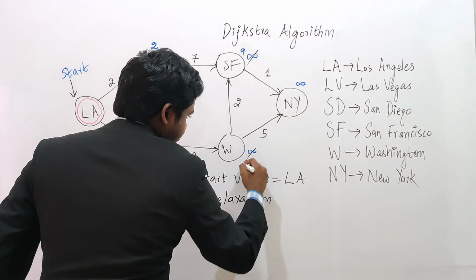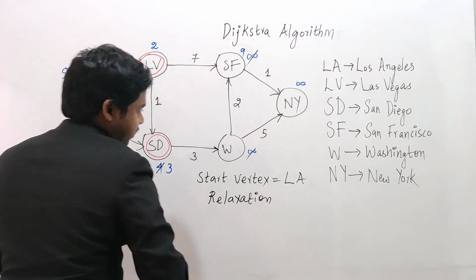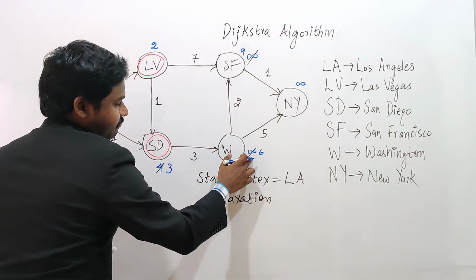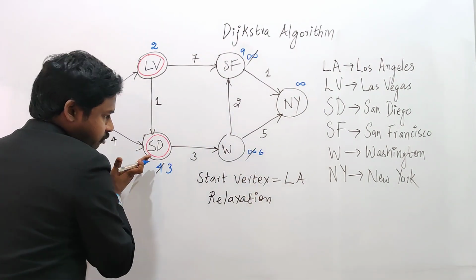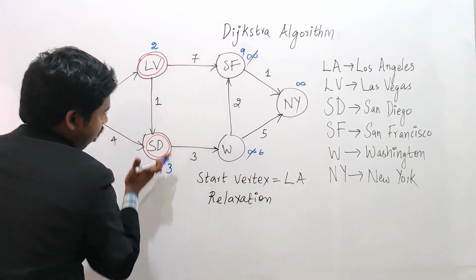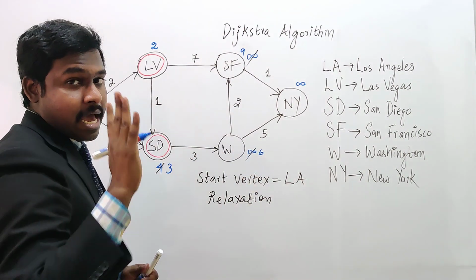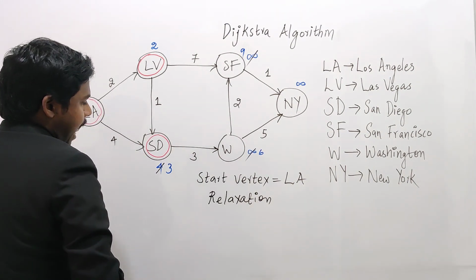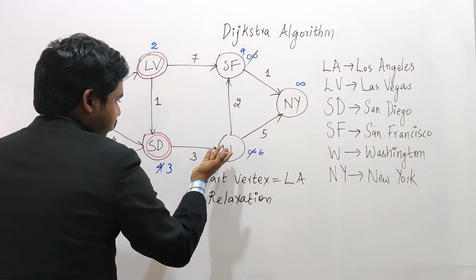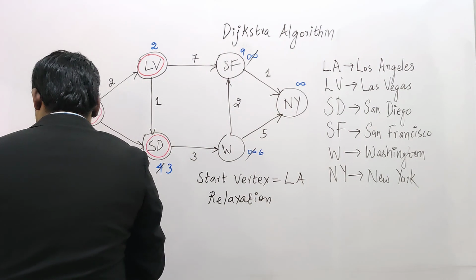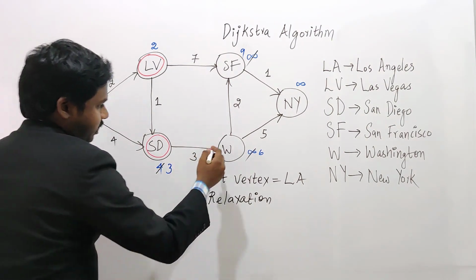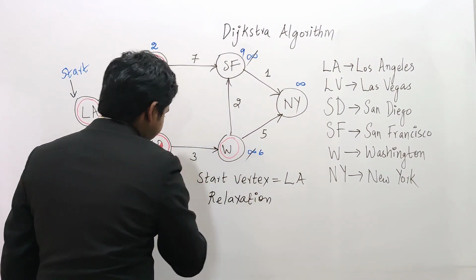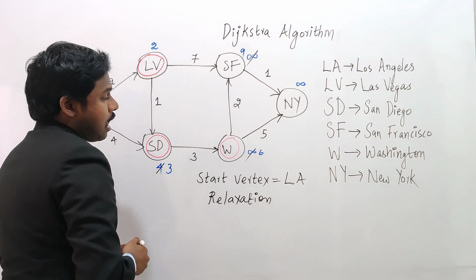So this infinity will be replaced by 6, because if you take all of these routes, you will reach in 6 units of distance. So that's why 6. You cannot reach anything else, only Washington, D.C., which is the shortest path from San Diego.